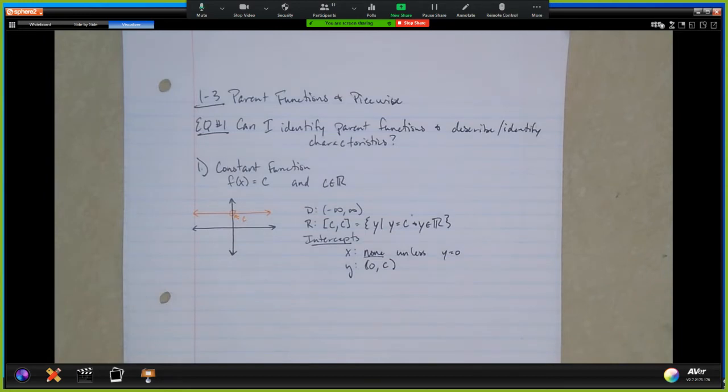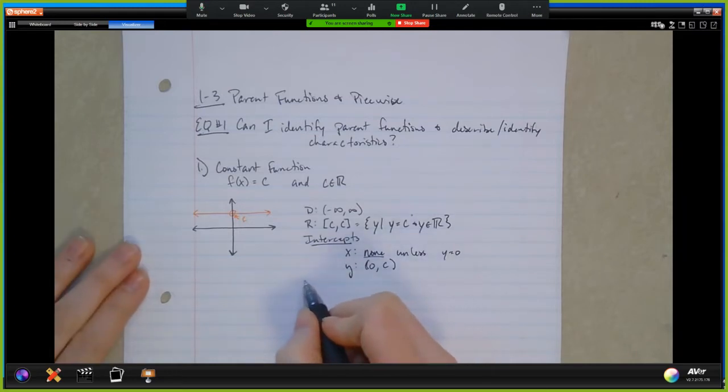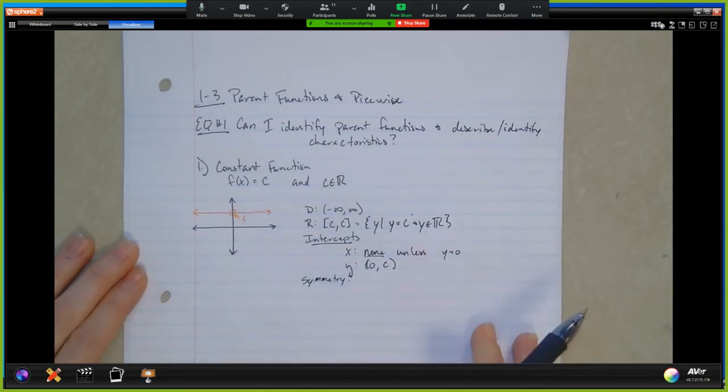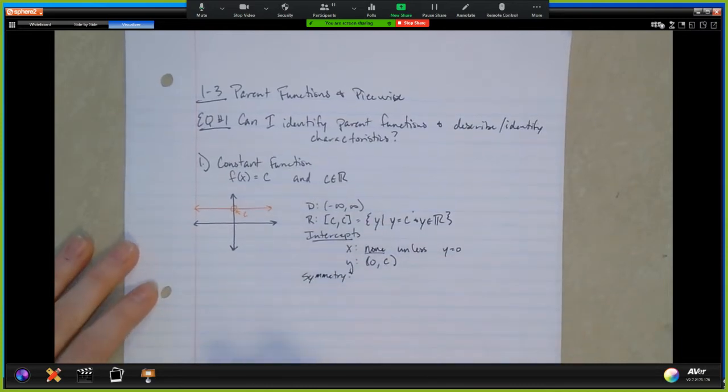Okay. So then symmetry. Symmetry is if you were to reflect it, would it be the same across the x-axis, y-axis, or the origin? So does this parent function have any symmetry to it? If you reflected it across the y-axis, would we say it would be the same graph?